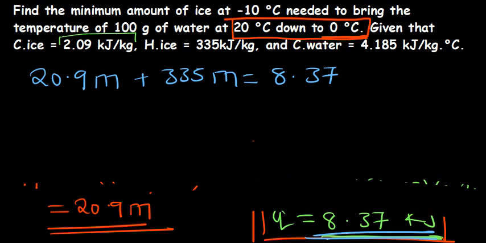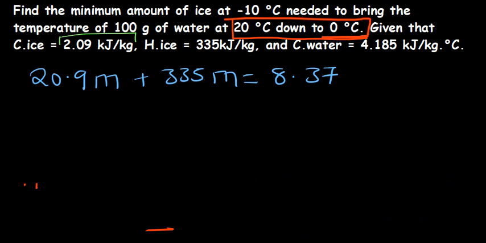So looking at what we are using, we're using kilojoules, so our mass is going to end up in terms of kilograms. Therefore, if we add 20.9 plus 335, that becomes 355.9 M is equal to 8.37. So let me actually take the kilojoules to joules so that we can end up with grams in the answer.